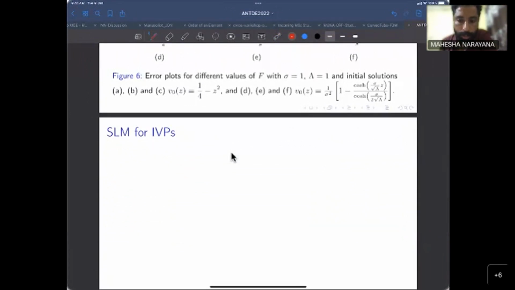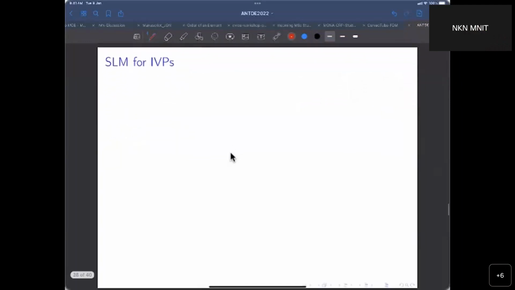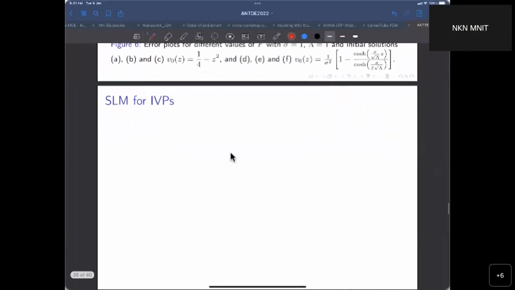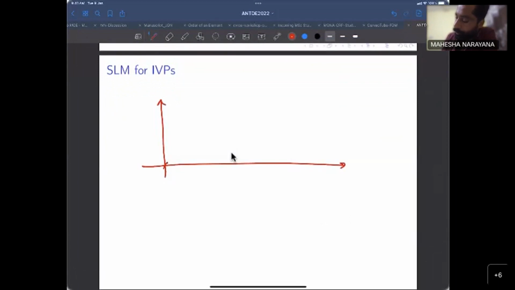So how can we handle IVPs? For an initial value problem, let's say you have the domain t naught to tn, and you know the solution at this particular point.